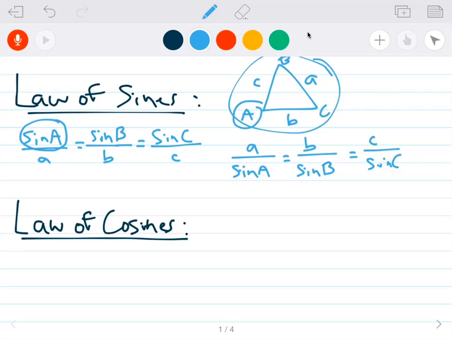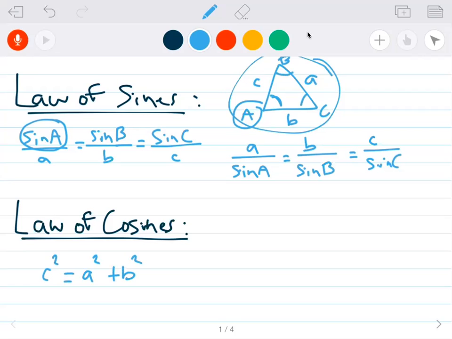The law of cosines states that c squared is equal to a squared plus b squared. That should look familiar to you, right? That's the Pythagorean theorem. However, these triangles don't have any right angles on them, so we can't use the Pythagorean theorem unless it has a right angle.